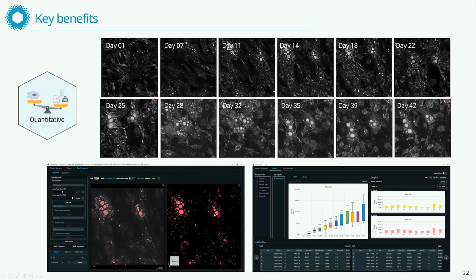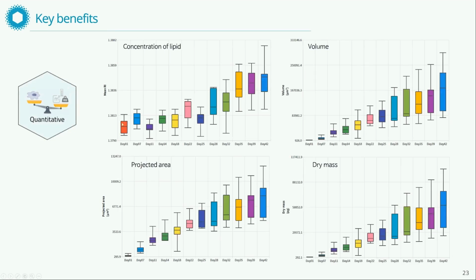And then you can perform the calculation such that you can retrieve concentrations of individual lipids as a function of time, and you can also calculate the volume of the individual lipid droplets. And from those two pieces of information, you can also calculate the dry mass of the individual lipid droplets without introducing labeling agents, and we can also provide various quantitative parameters here.